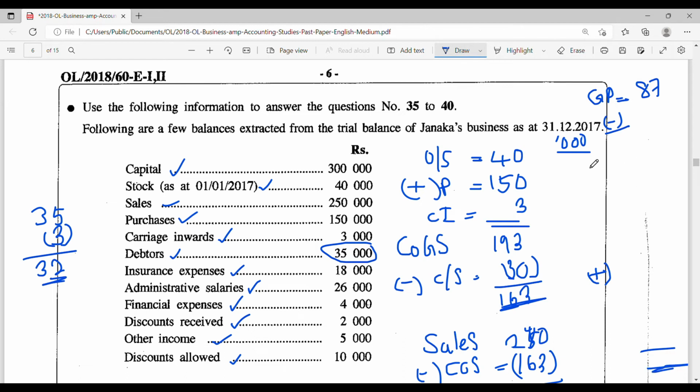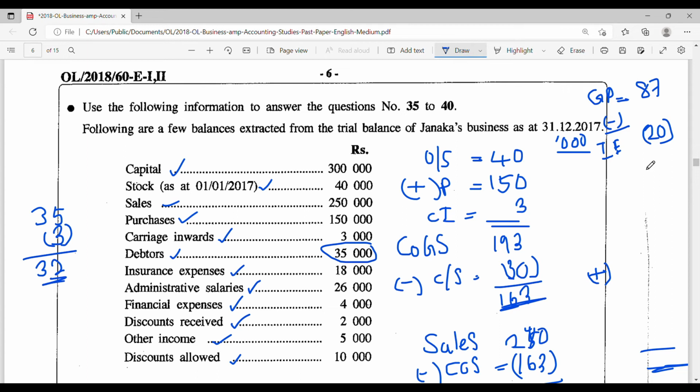Let's go through each one in detail. We took the opening stock, sales, purchases, carriage inwards, and debtors. Insurance expense: will you take 18,000 or 20,000? You should recognize the entire 20,000 because that's the annual fee, so you need to deduct 20,000.